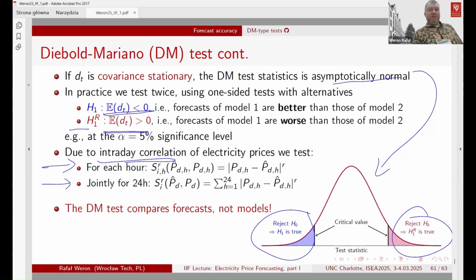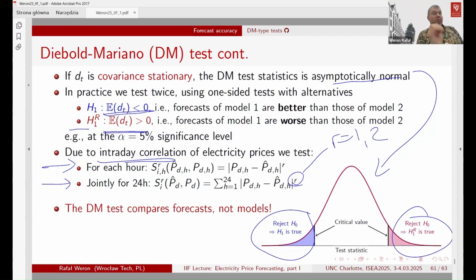So take some kind of a measure where you take the errors to some power, and this R can be typically 1 or 2. So absolute or squared. So you take an average error, the sum of the errors over the whole day. Okay. In this case, you get rid of the hourly dependence, and that's how you run these tests.